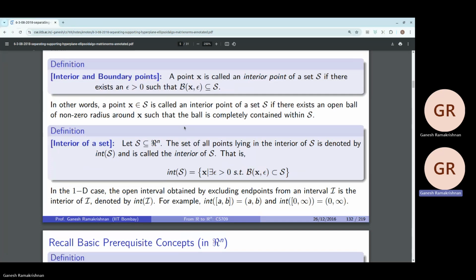It's not necessary that the boundary is part of the set. Maybe my table is everything except the boundary. But it still has a boundary, because if I put a point on the boundary, some part of the ball will foray into the table, which has its interior.